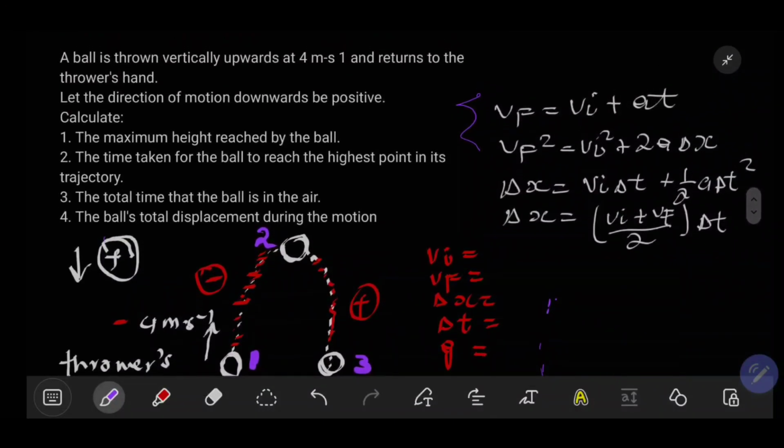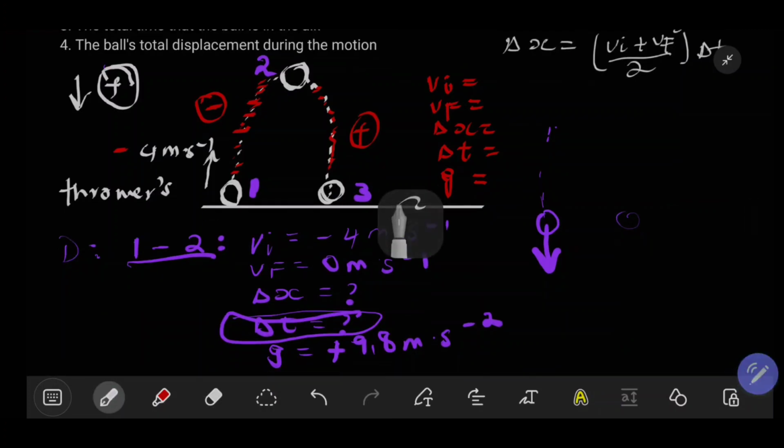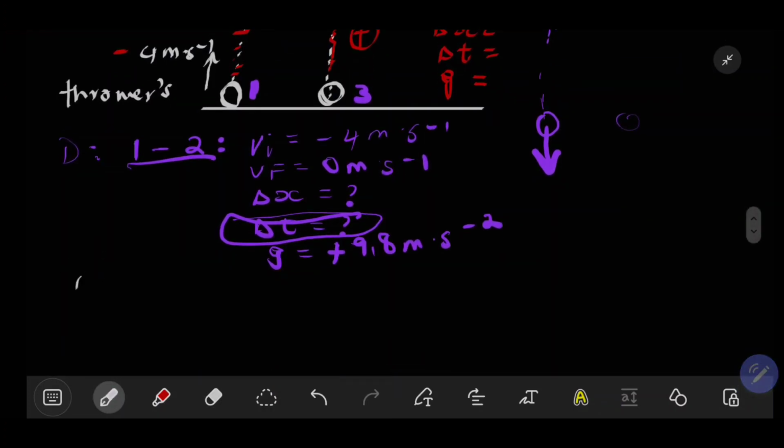So we don't have time, which means we can use the second equation. vf squared equals v initial squared plus 2 multiplied by our gravitational acceleration and change in displacement.